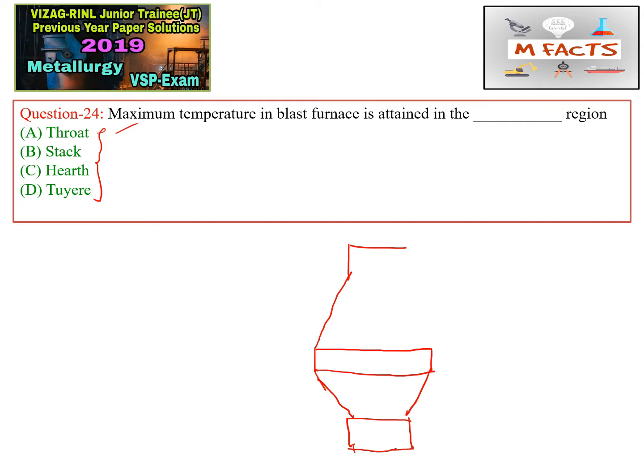So this is the schematic diagram. Somehow I am able to draw it. Suppose this is the blast furnace diagram. We charge the burden from here, and this is the hearth level.